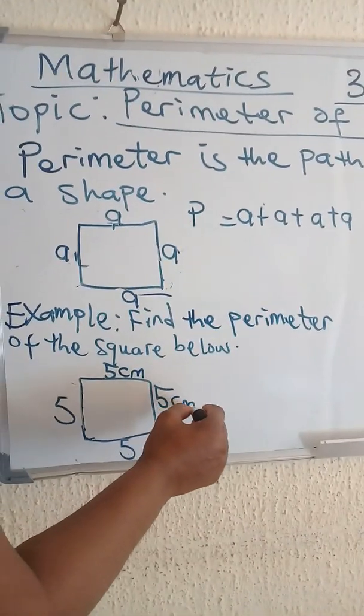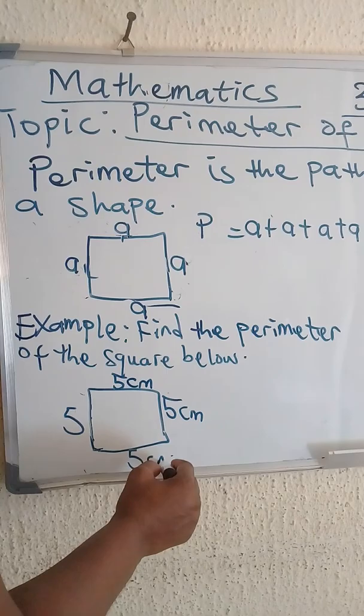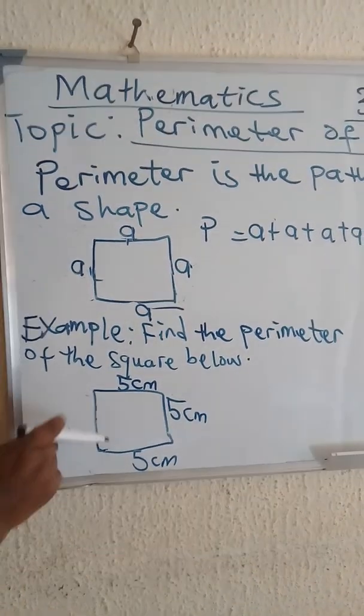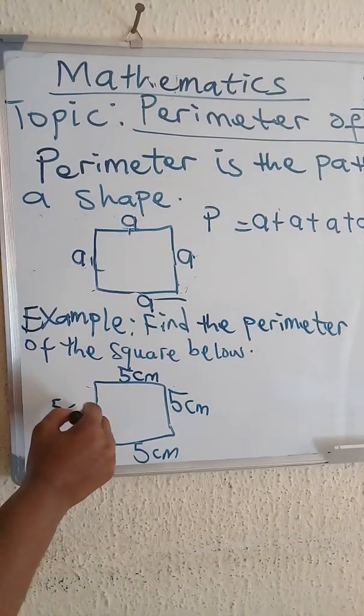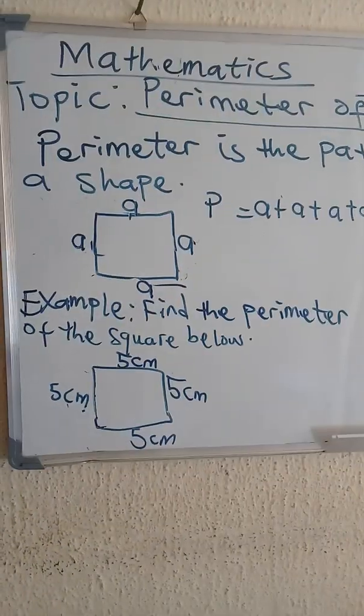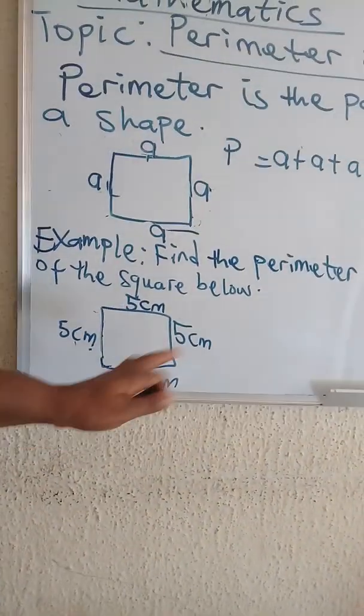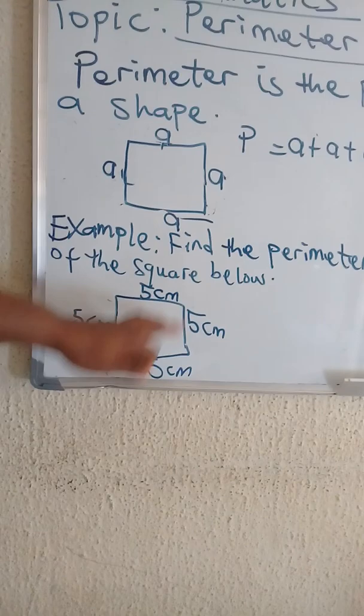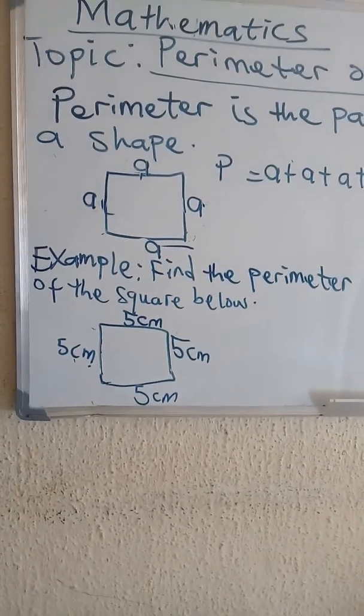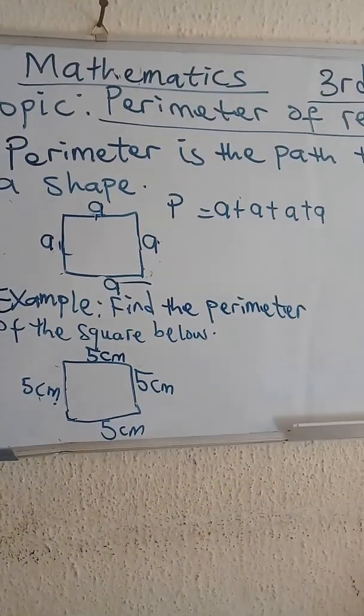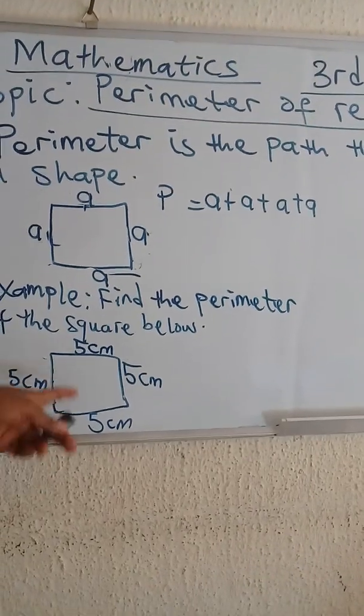Also 5 cm, 5 cm, and also 5 cm. You are asked to calculate all the parts, all the 5s we have here. We're going to calculate them by adding all of them together. That is the perimeter of the square.